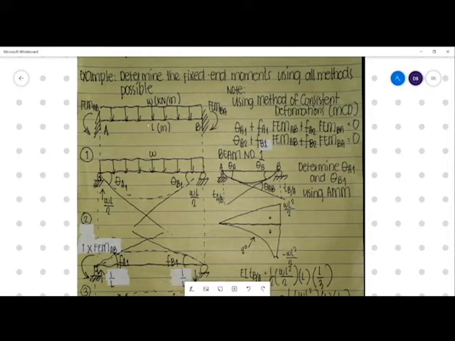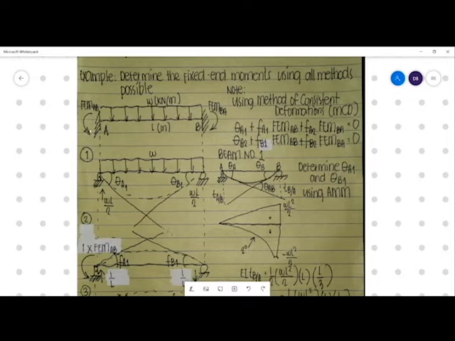Technically, this restrained beam is third degree indeterminate. Normally, in a statically determinate fixed beam or a cantilever beam, we only have a vertical reaction, a horizontal reaction, and a moment.